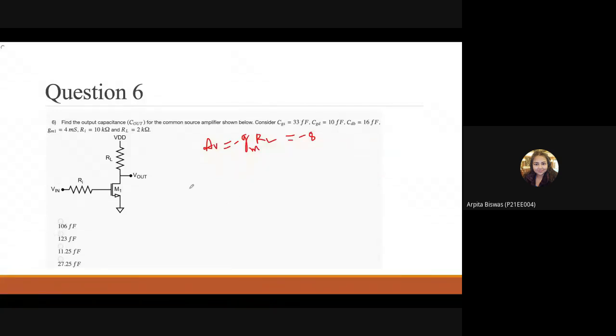Next you have to find out the output capacitance, the C output.